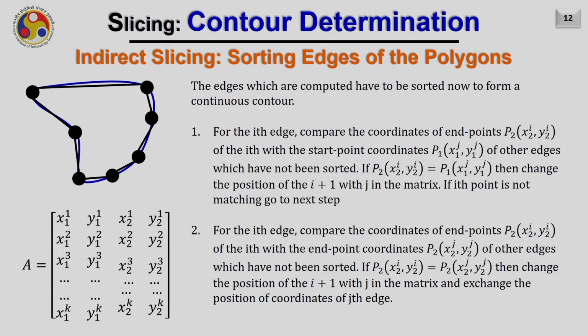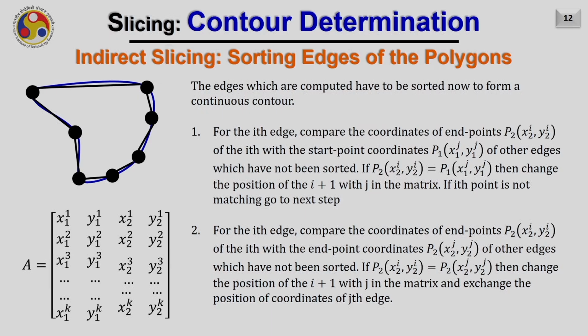Now, let us discuss: once we have all the lines with us, we have to appropriately arrange these lines in such a way that we obtain the contours. The edges which are computed just now have to be sorted to form a continuous contour.